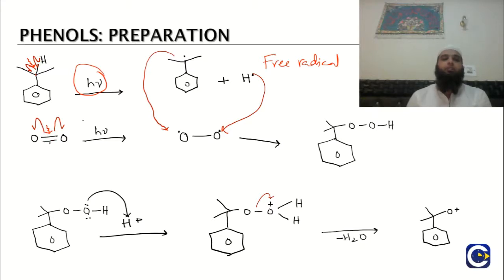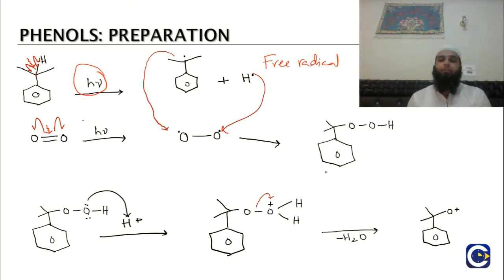One of the double bonds, the pi bond, breaks, and both oxygens take their electron, and we get oxygen radicals. This is not the actual mechanism shown by these arrows, but for understanding we are showing that one of the oxygens is attached to the isopropyl benzene free radical, and the hydrogen free radical is attached to the other oxygen, and we get this intermediate.